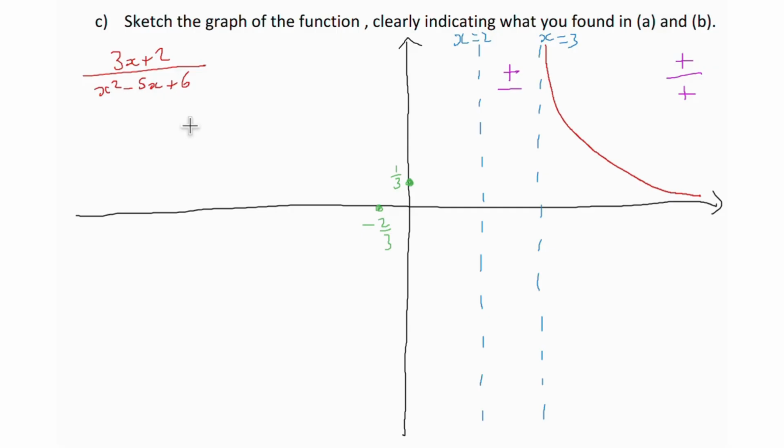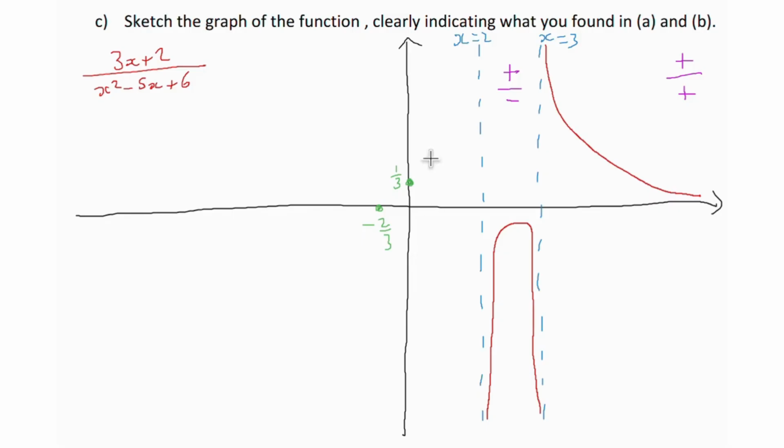I am actually going to just double check that. 2.5 squared minus 5 times 2.5 plus 6 is indeed negative, only just negative, but it is negative. So we've got a positive over a negative, which means this whole thing is negative. Given there's no roots in this section, the whole bit in between has to be negative, and it has to approach these two asymptotes. So this is going to come up something like this, and then at some point it's going to turn around and do something like this. It's very narrow, very long, and very thin.